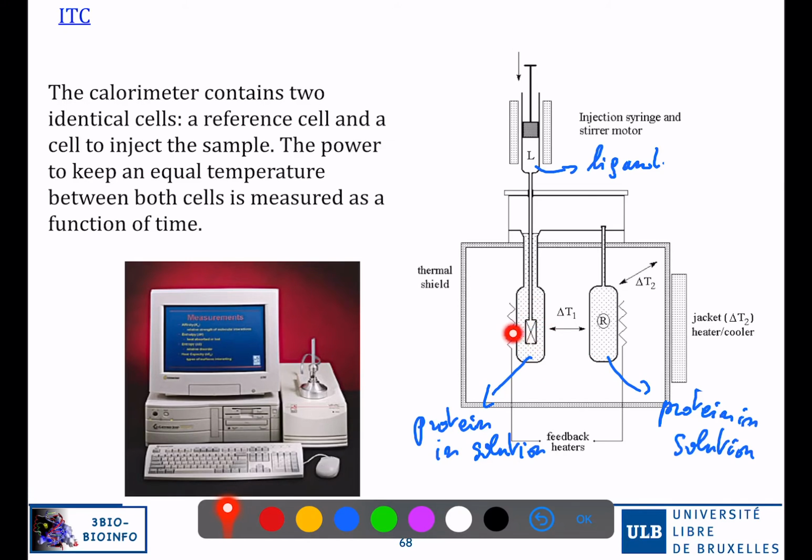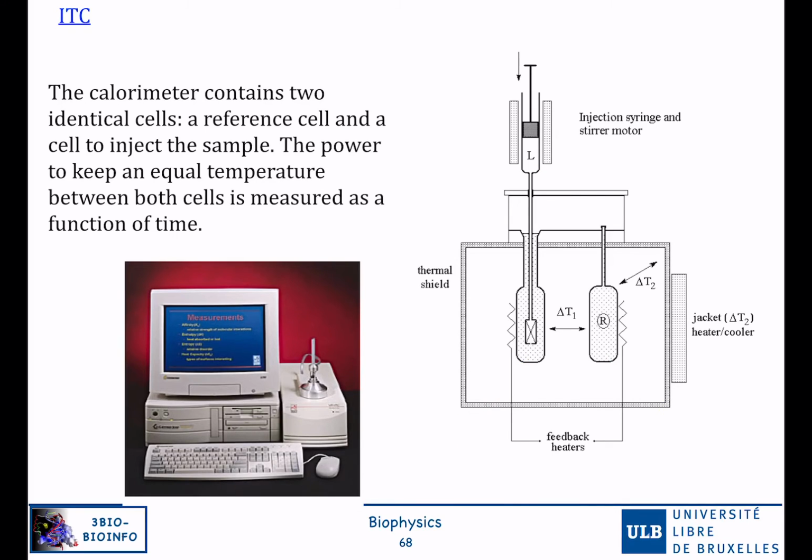So here, let's consider that the protein ligand will emit a certain quantity of heat. Here, the apparatus will measure the power that is necessary to keep the two cells at the same temperature.